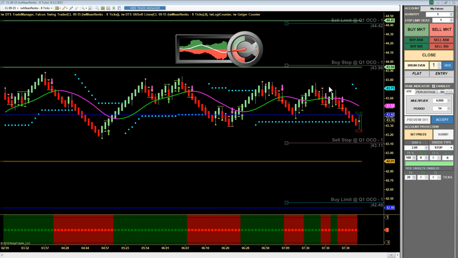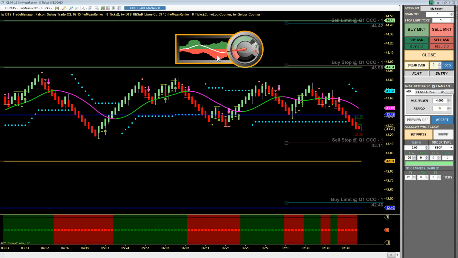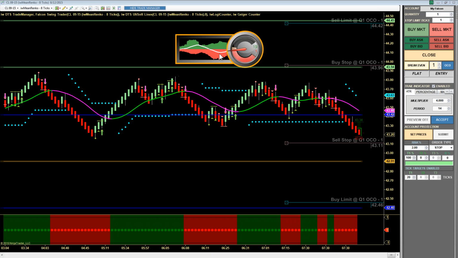All right, a quick little early trend change signal here on the Falcon, but the market's still stuck. All right, here come the sellers.